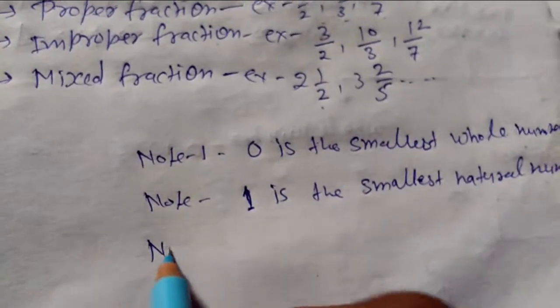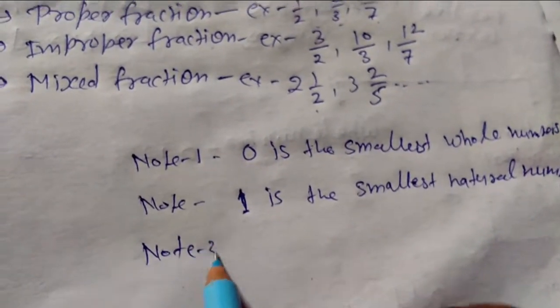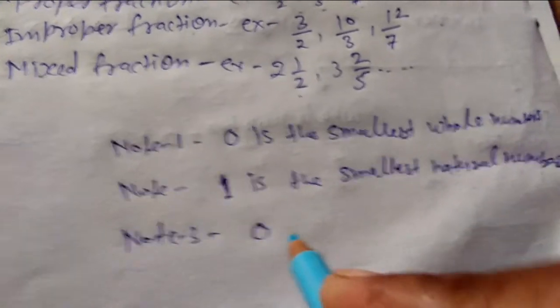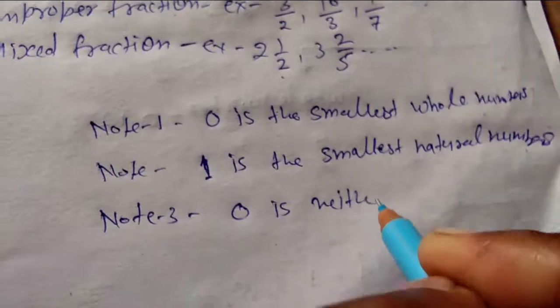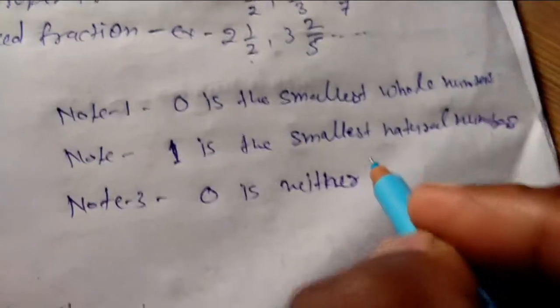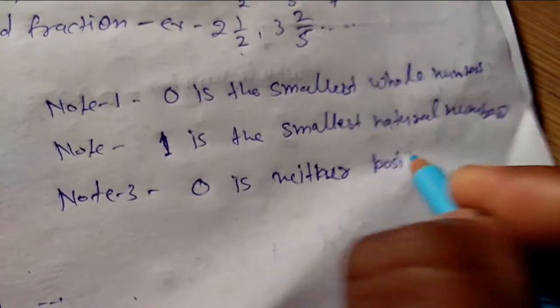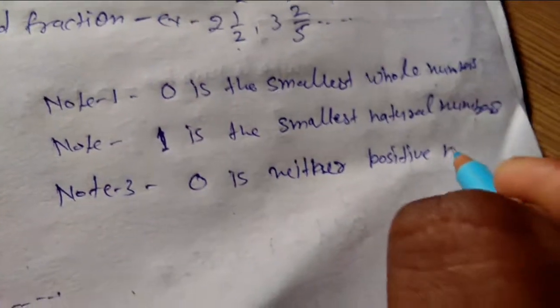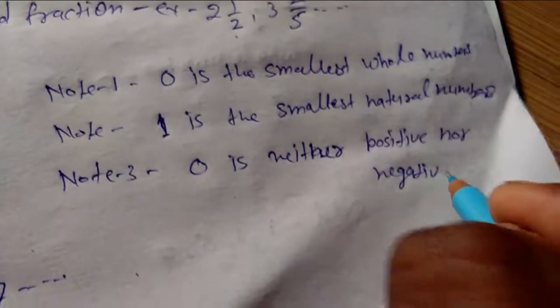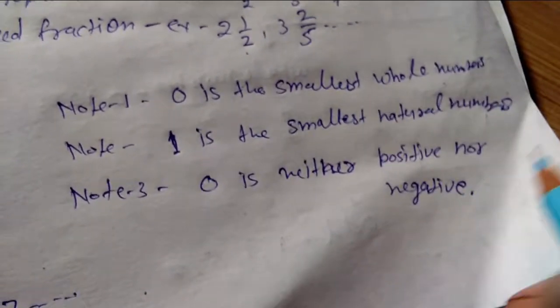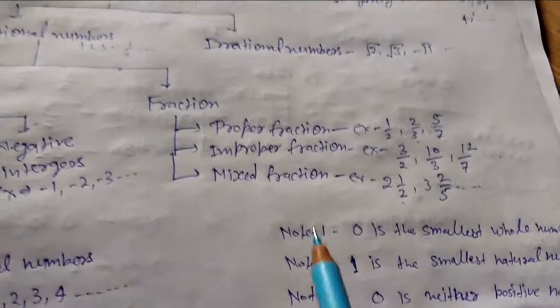Note third: 0 is neither positive nor negative. Friends, this is the classification of the number system.